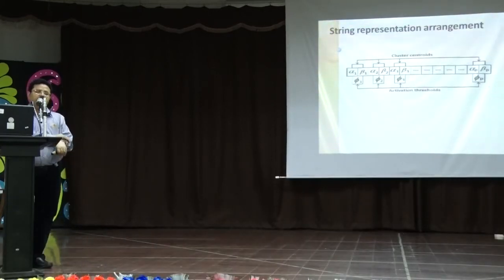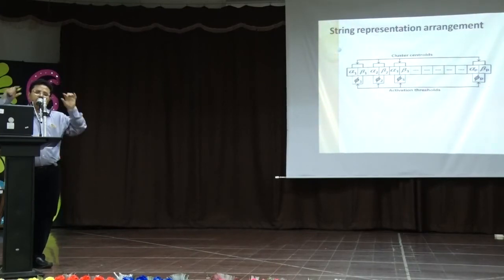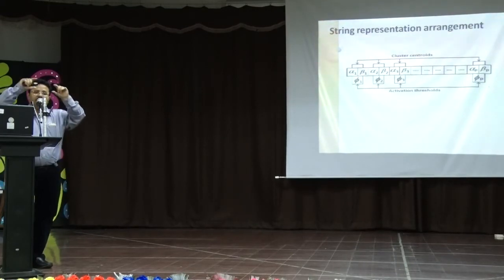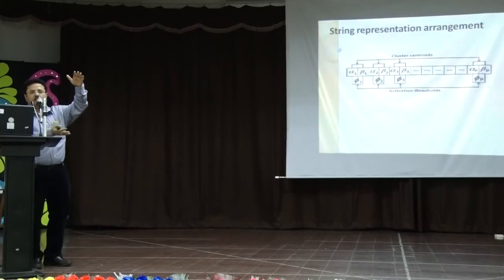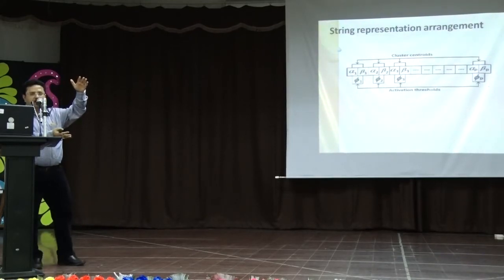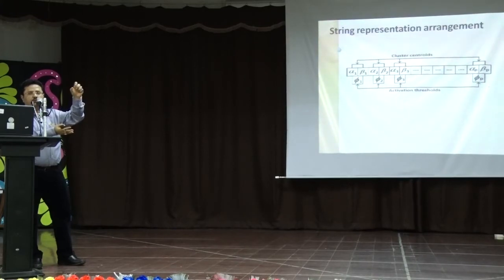Now see, each and every optimization algorithm starts with a chromosome, or a set of possible solutions. You start with a set of possible solutions. You compute the fitness of each and every individual chromosome, find out the best fit chromosome.